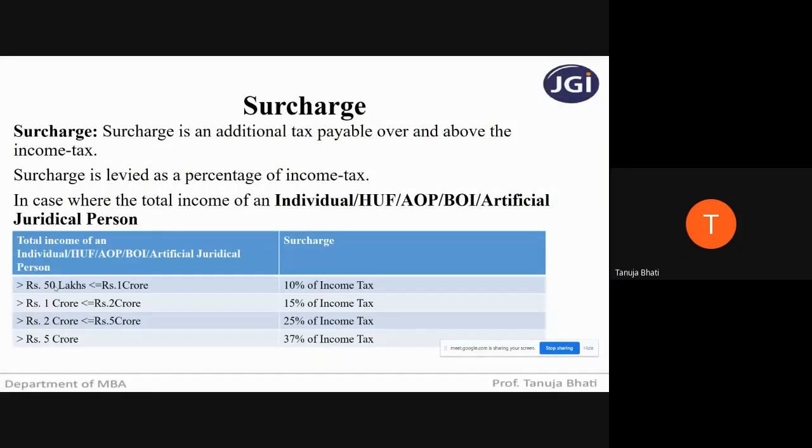If your total income is more than 50 lakhs, then only surcharge will come into picture. That is only 10% of income tax. So have you understood this slide? What is surcharge and when is it applicable? It will be applicable only when the total income exceeds 50 lakhs. And it is to be calculated on income tax and not on your total income.